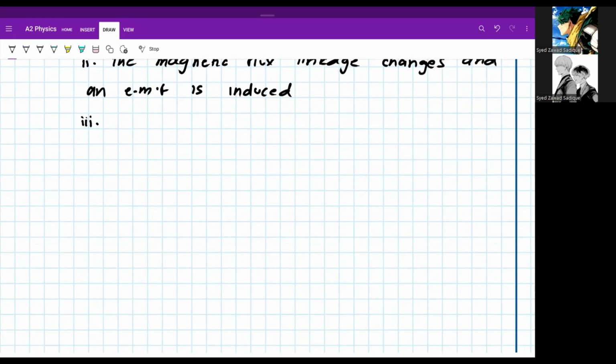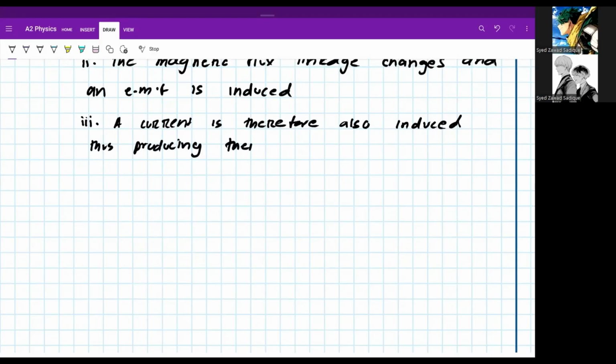Point 3 is a current is therefore also induced, thus producing their own magnetic field.